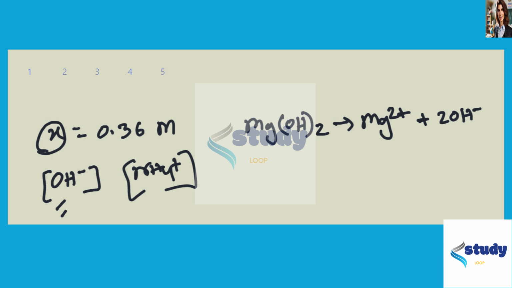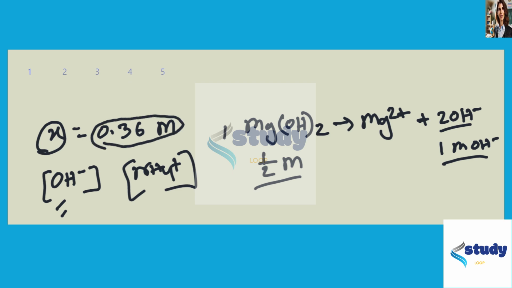That means for 1 molar OH- we will have half molar magnesium hydroxide, since for 1 molar magnesium hydroxide we can get 2 molar hydroxide. So if we just take half of this value, that will be our magnesium hydroxide concentration. The half of 0.36 gives us 0.18.